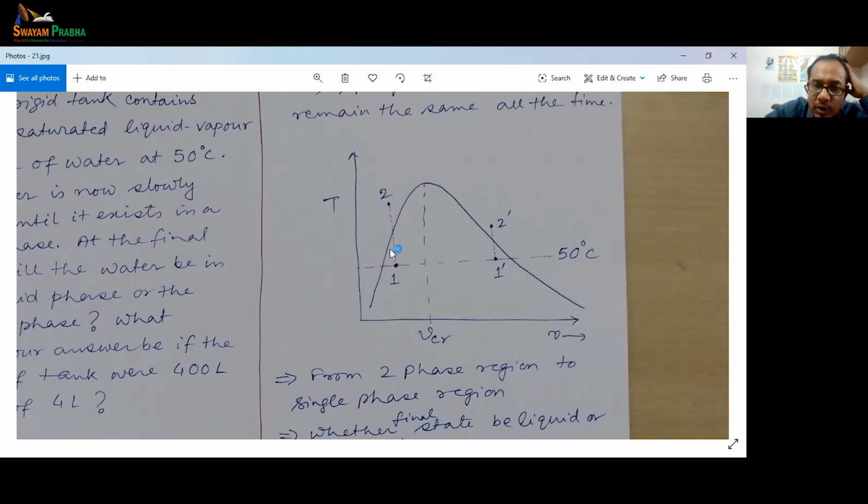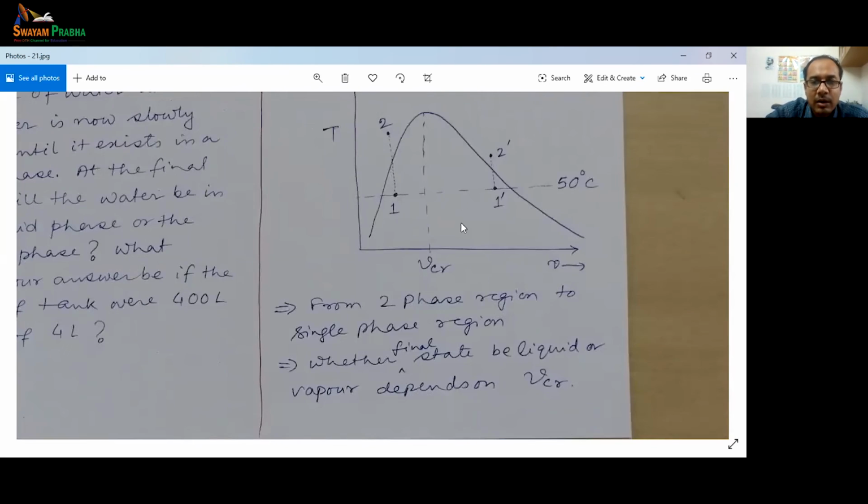If you are towards the left, then you will end up in the liquid phase after heating. And if you are towards the right of this critical volume, you will end up in the vapor phase after heating. Okay, so is the concept clear? It is very important to understand where on this line you are, and that understanding depends on where you are with respect to the critical volume.